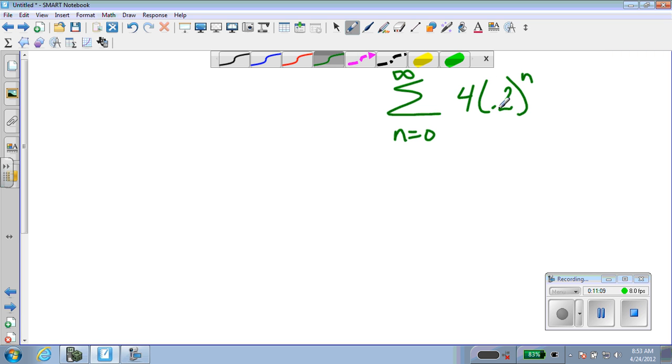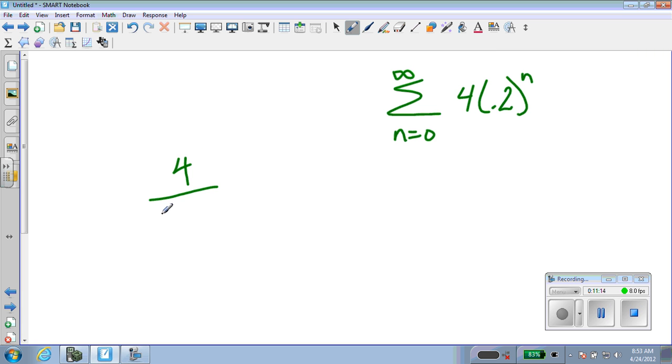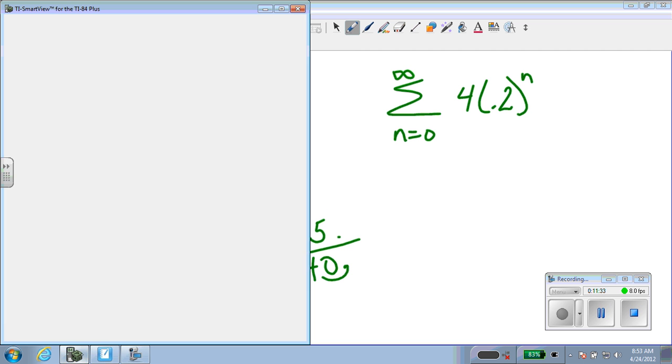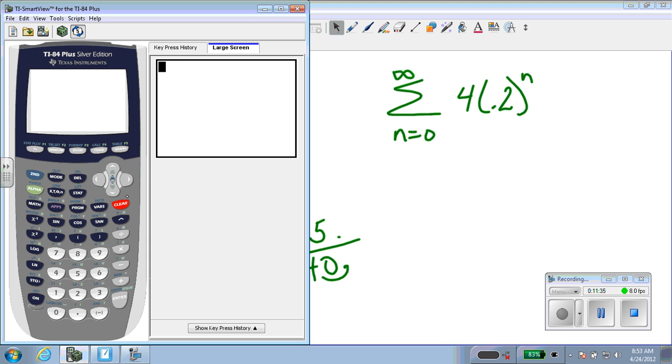So 0.2 to the 0 is 1. 4 times 1 is 4, divided by 1 minus 0.2. So 4 divided by 0.8. That would be 5.